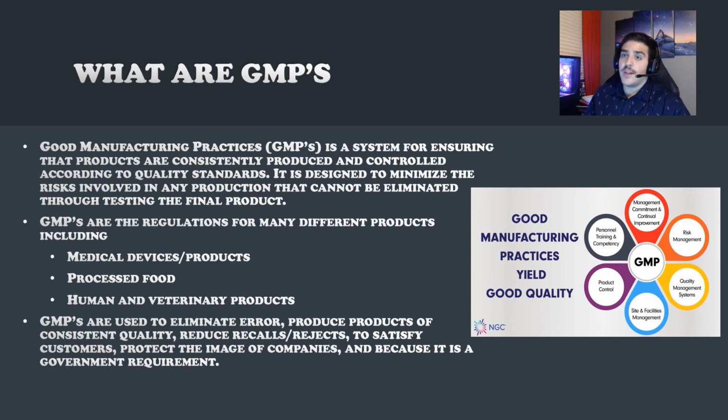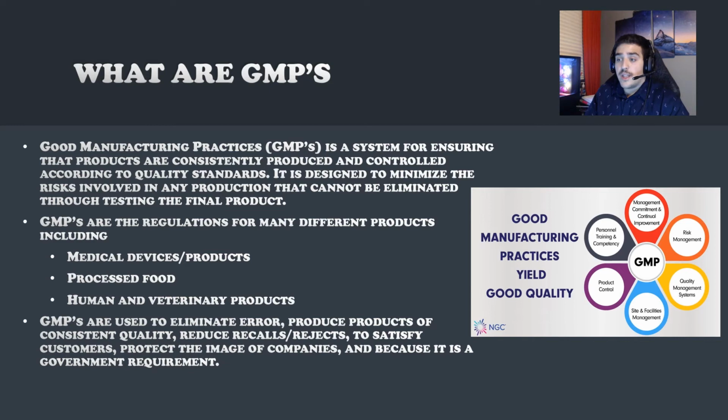Next, we're going to talk about exactly what GMPs are. Good manufacturing practices, otherwise known as GMPs, is a system for ensuring that products are consistently produced and controlled according to quality standards. It is designed to minimize the risks involved in any production that cannot be eliminated through testing the final product.